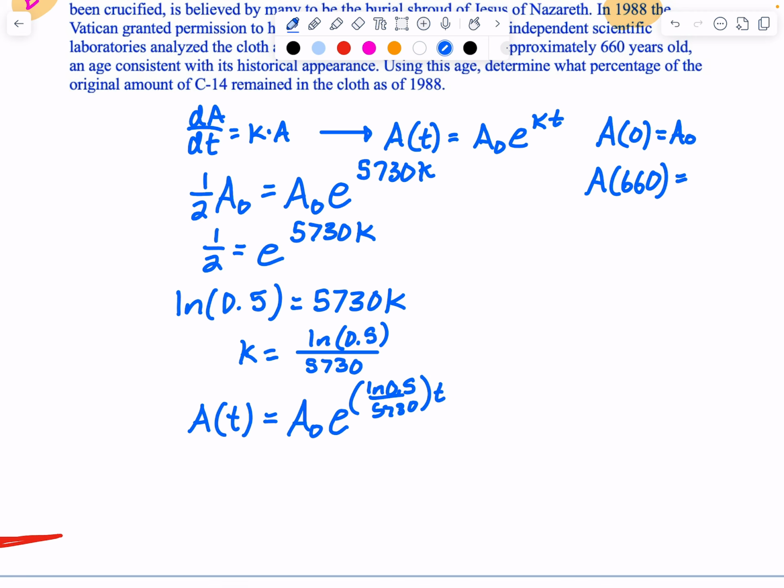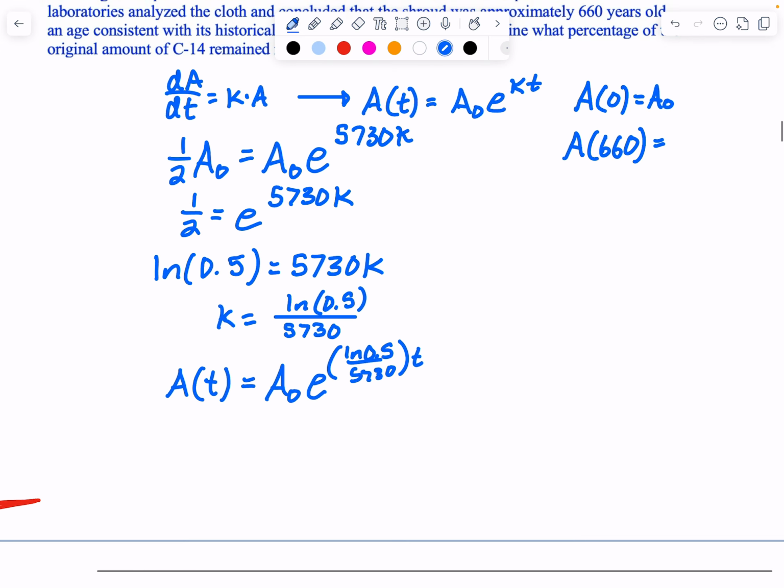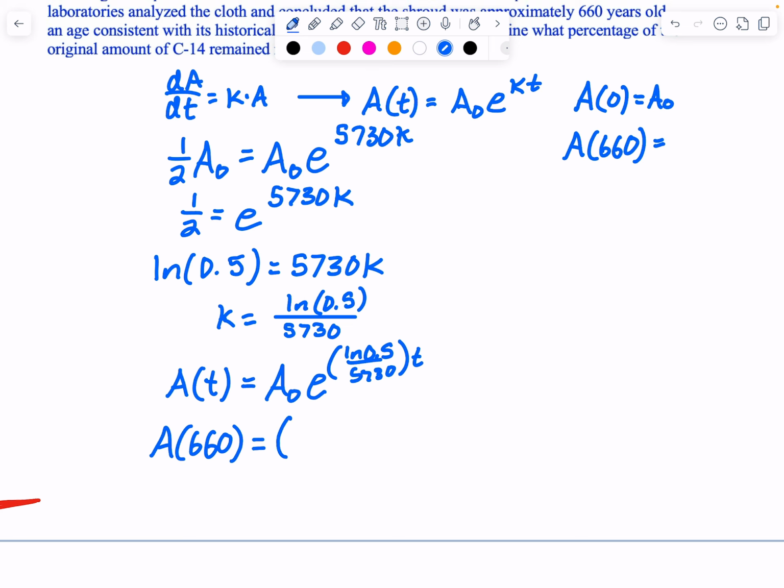And they just want to know how much of the element is going to be left after 660 years. So you might be like, oh, well, how do I figure that out with the A naught? Well, remember, A naught is the original amount. So when I multiply this out, this is what I'm going to get: 0.9232650334. That's just the e number. We're plugging 660 in times A naught. So this is a number times the amount that we started with.